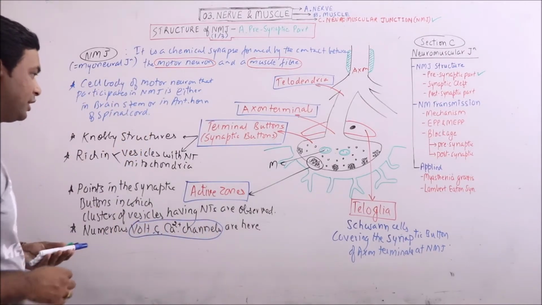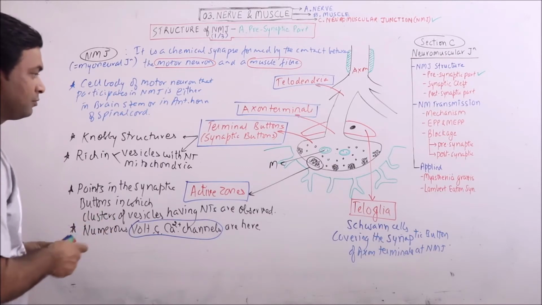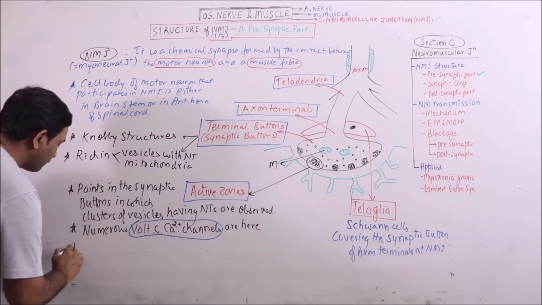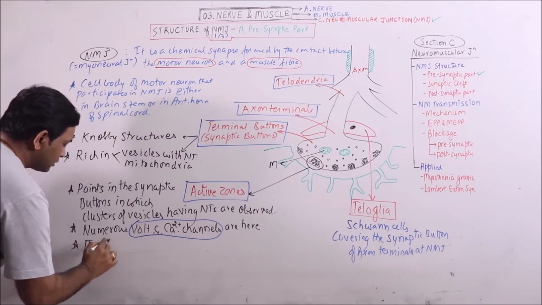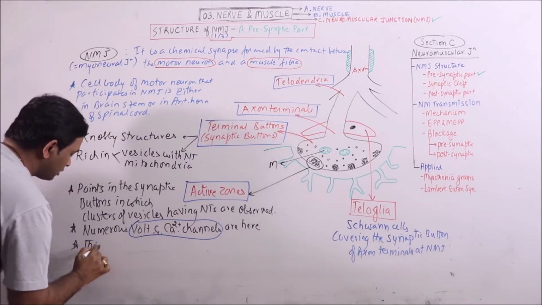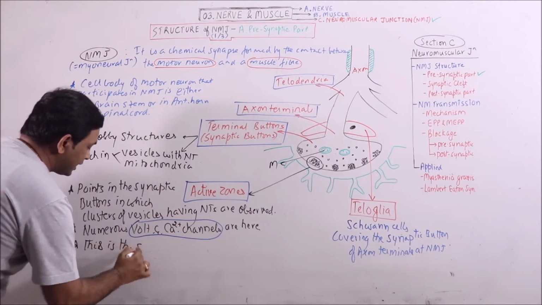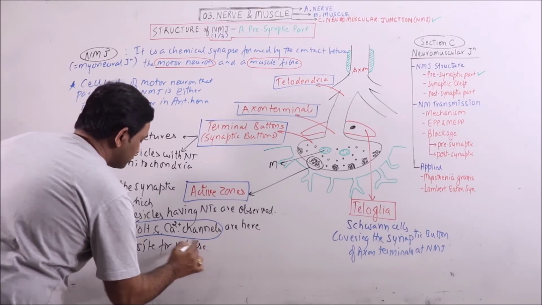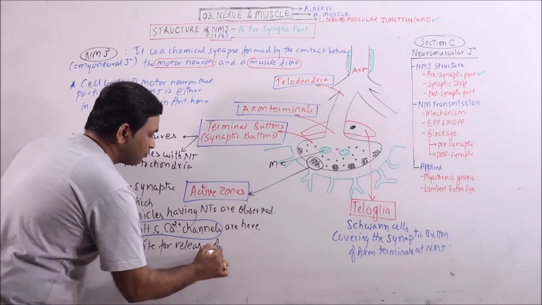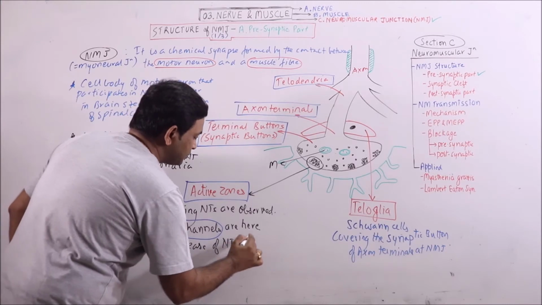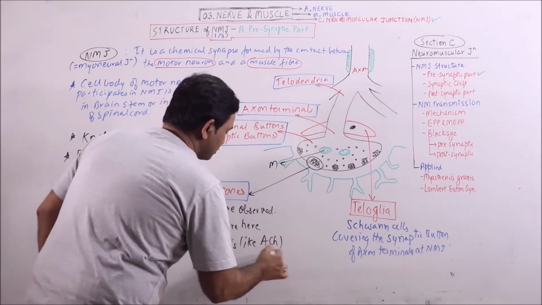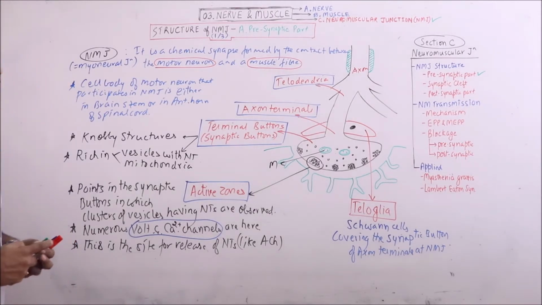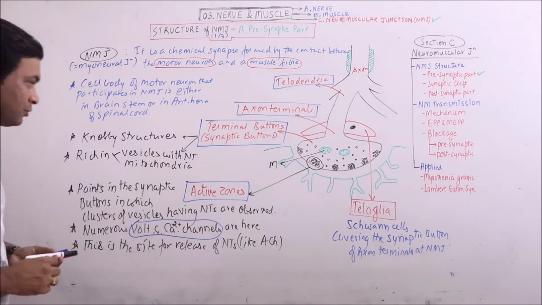So this is the point which represents the primary site for release of neurotransmitters like acetylcholine. So this is the neuromuscular junction.